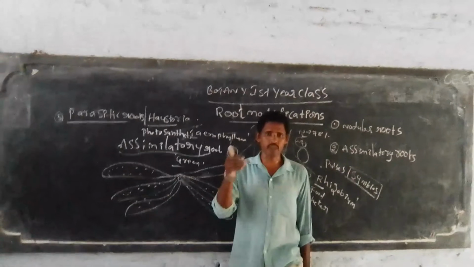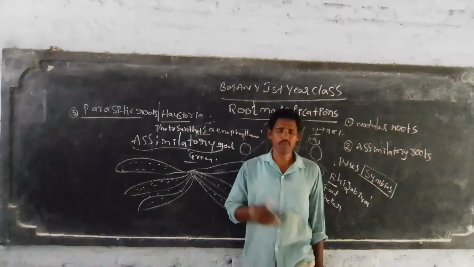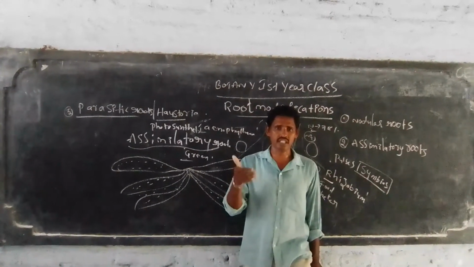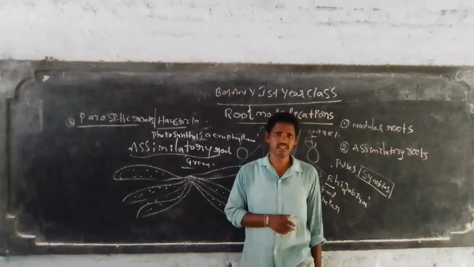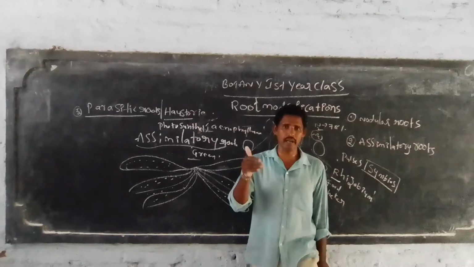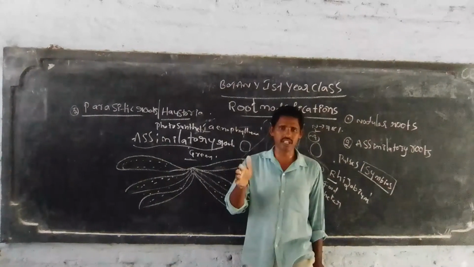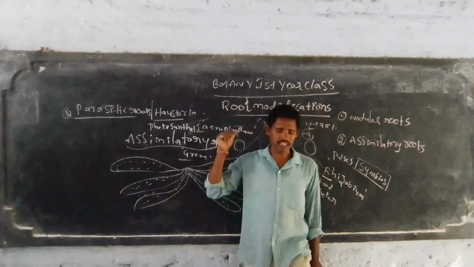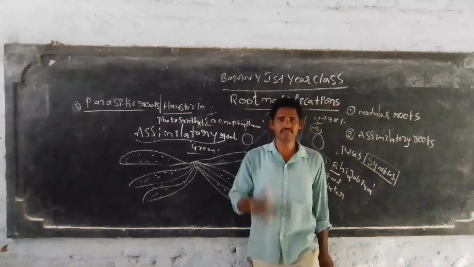Epiphytic roots: Vanda. Parasitic roots: Viscum, Striga, Cuscuta and Rafflesia. Nodular roots: the bean family, pulses, black gram, red gram, groundnut. Last, assimilatory root: Taeniophyllum.